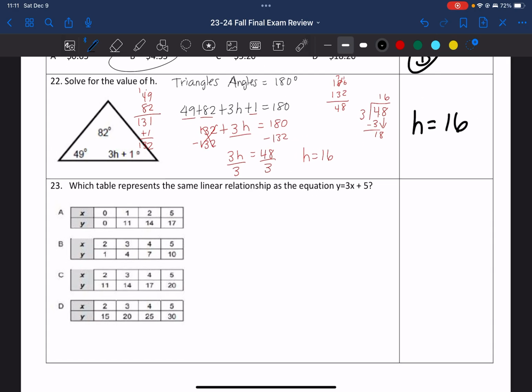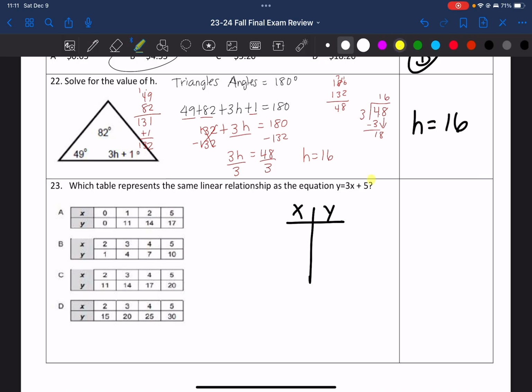Which table represents the same linear relationship as the equation y equals 3x plus 5? So let's do something here. There's a couple of ways that you can do this. I think that the easier way would be to set up a table. X, y.